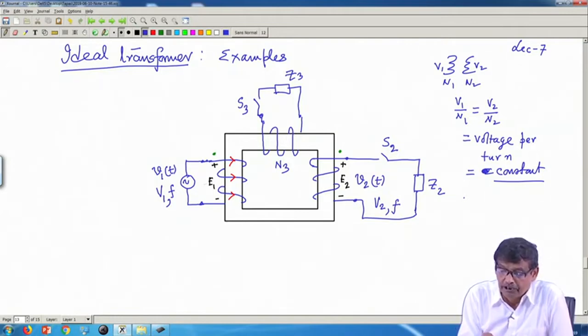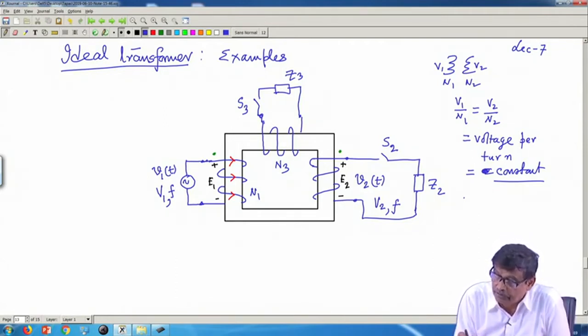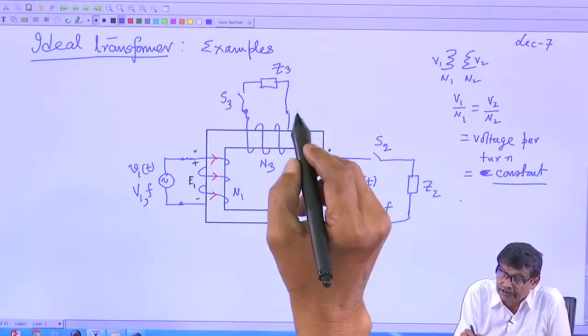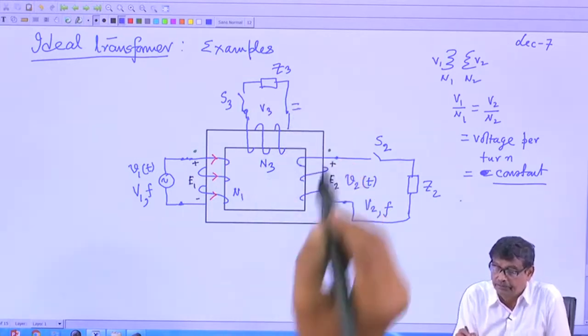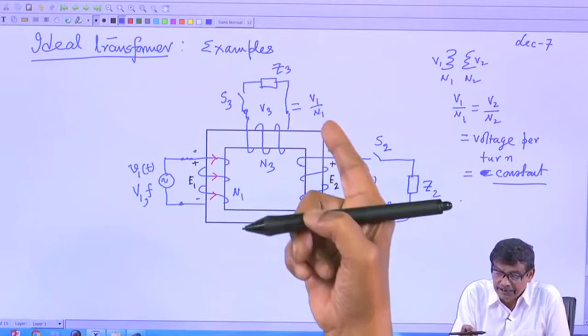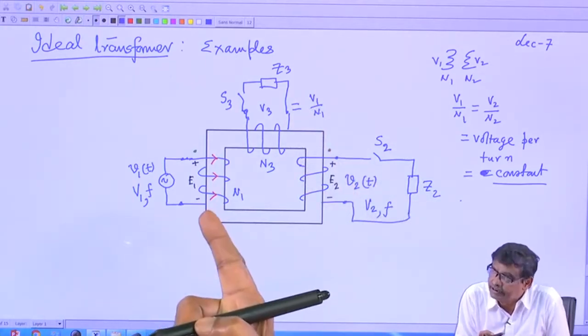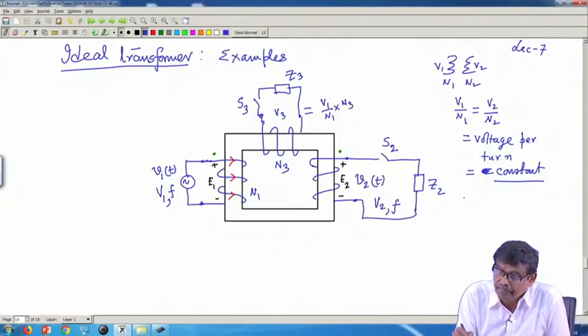So, what is the voltage per turn here? It is V1 by N1, and that will remain constant. What will be the voltage available here? V1 by N1 into N3, multiplied with the actual number of turns. Here this voltage V3 will be the voltage per turn, which I get from the supplied voltage and its number of turns, into N3.